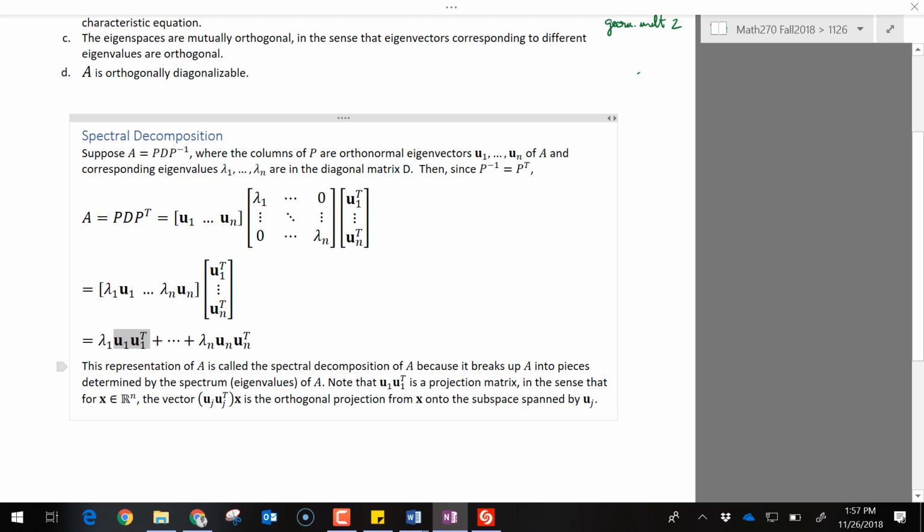This representation of A is called a spectral decomposition because it breaks A up into pieces determined by the spectrum of A.